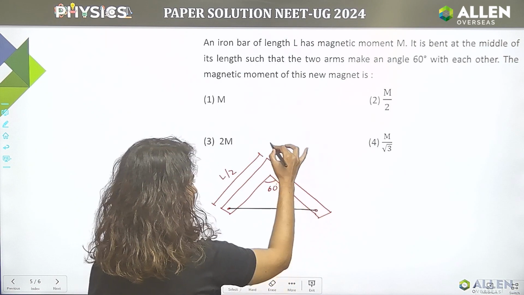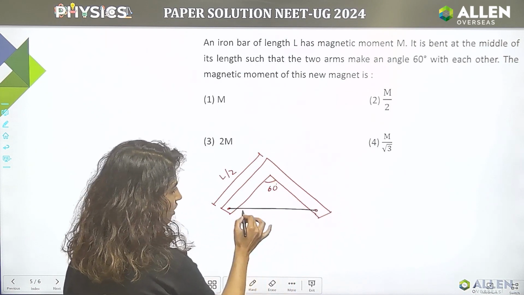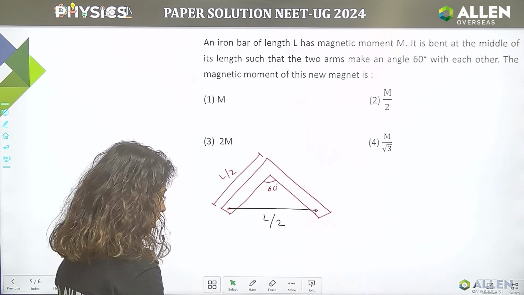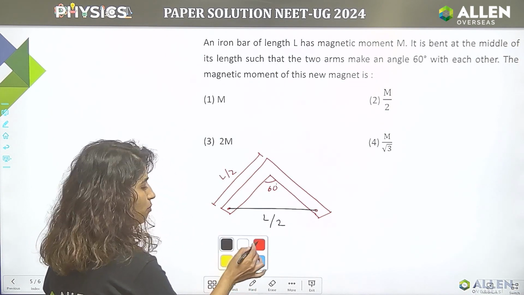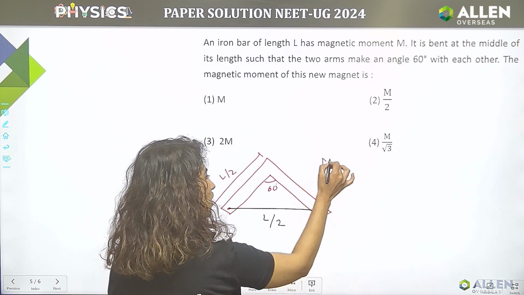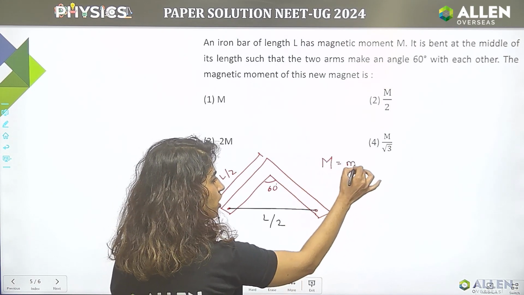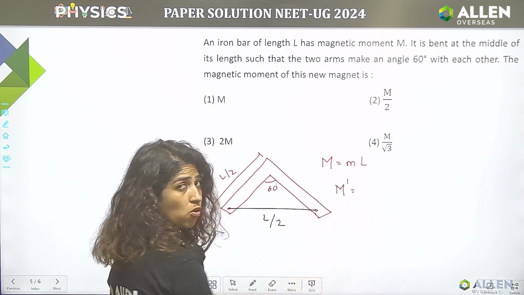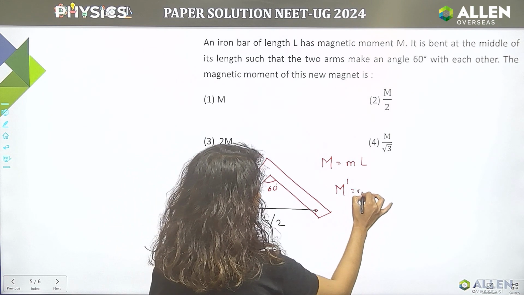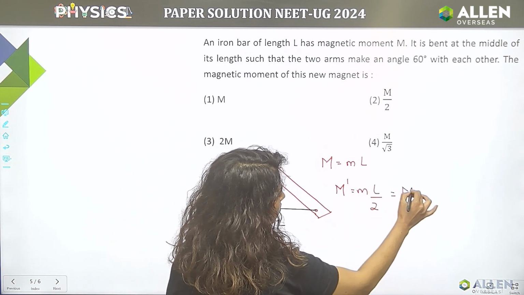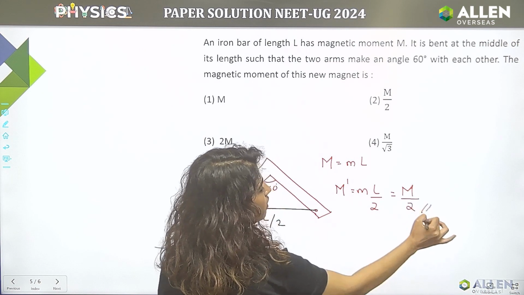Since this is L by 2, 60 degrees, these two would be 60 degrees, this length will also be L by 2. Now if I talk about the original one, before bending, the magnetic moment was M. So magnetic moment was pole strength into length. Now for the new magnetic moment, pole strength is not going to change, that's going to remain as it is. Length will become L by 2, making the dipole moment M by 2.